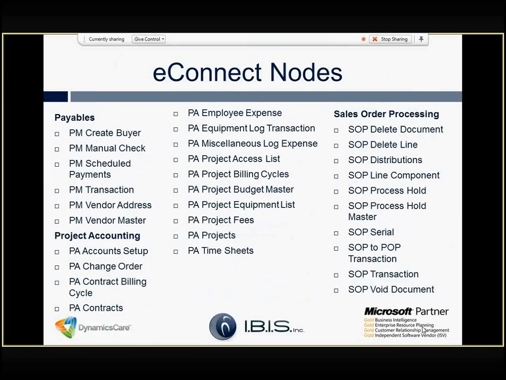For payables, you can create a vendor, add a vendor address. For project accounting, you can create a contract, a project, update the access list for that project and give users access to it. You can do miscellaneous logs. And for sales order processing, you can create a transaction, add lines to the transaction, you can void a document, and you can also do process holds.